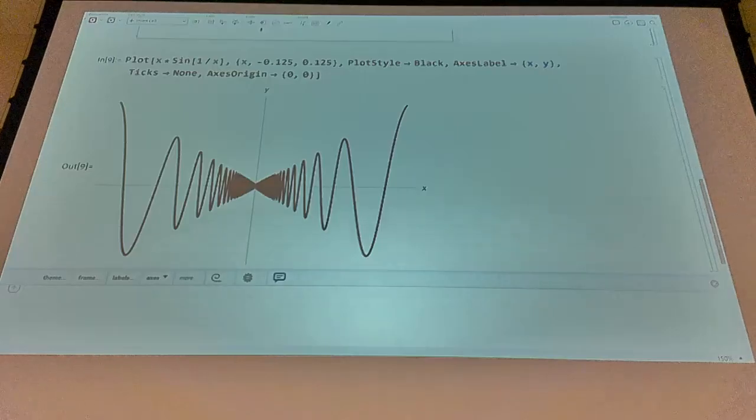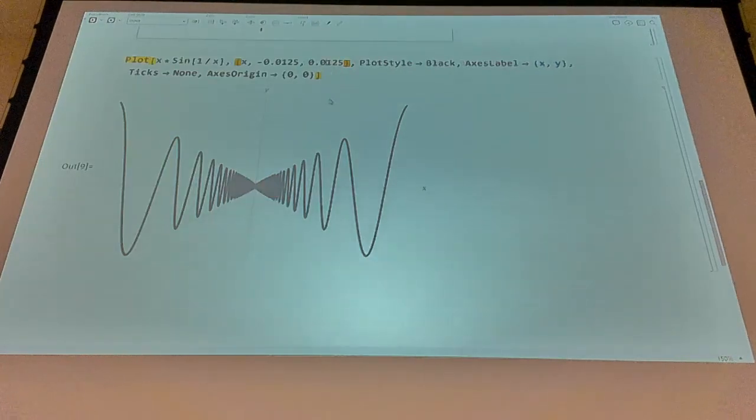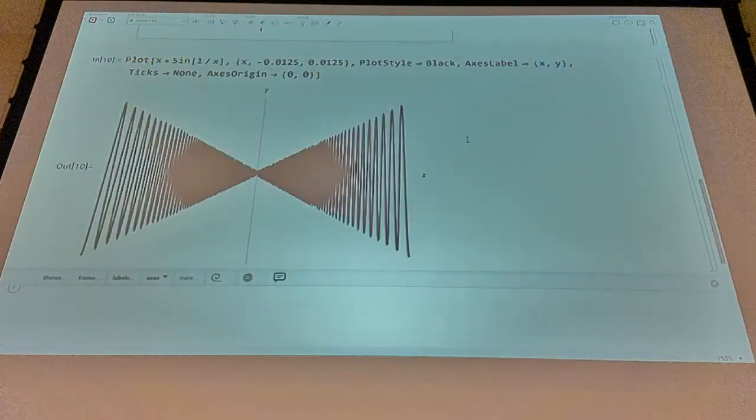That shape really isn't changing, is it? So notice no matter how close we get, no matter how much we zoom in, it's still crossing the x-axis an infinite number of times. It's still very quickly oscillating.